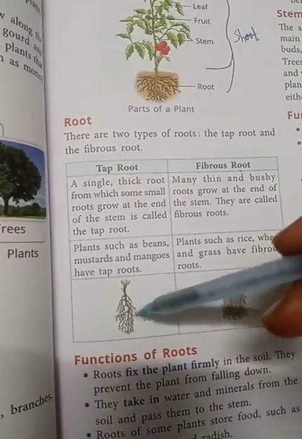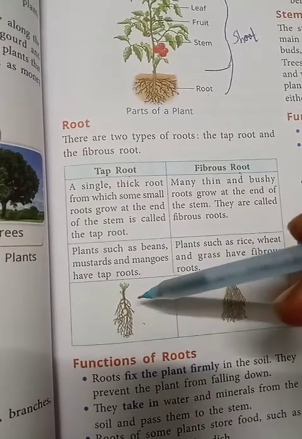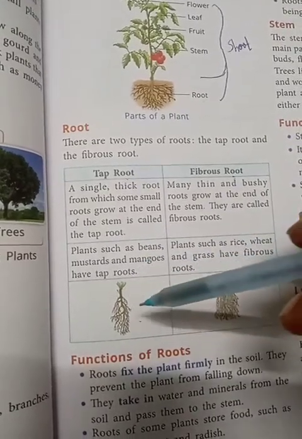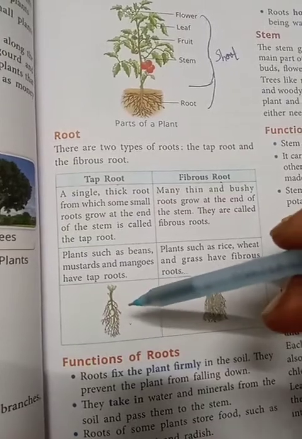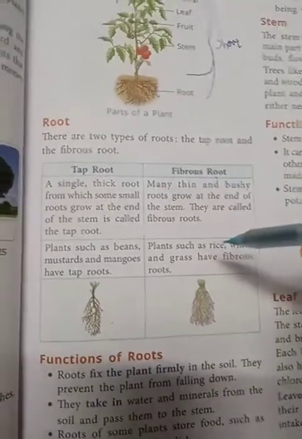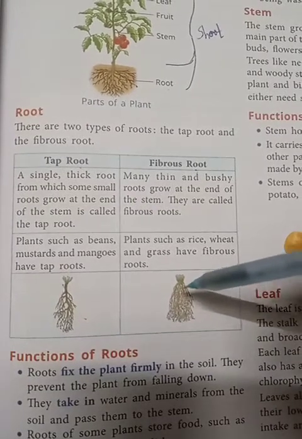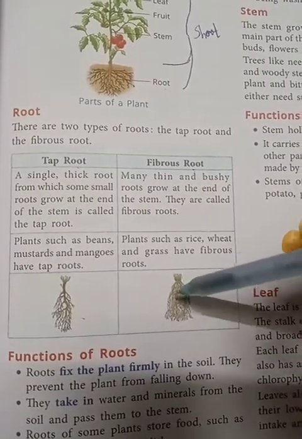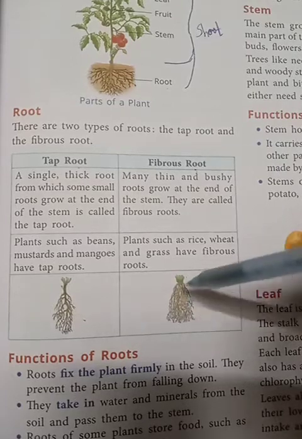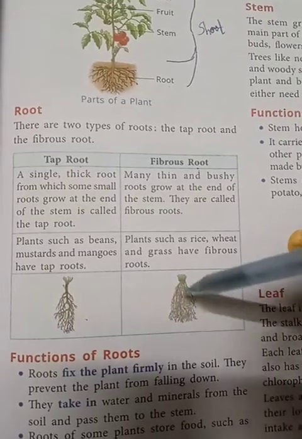Okay, at the center, and from that the small roots grow at the end of stem. So it's called tap root. That's called tap root. And fibrous roots, how are the fibrous roots looking? See, like that. There are no main roots.